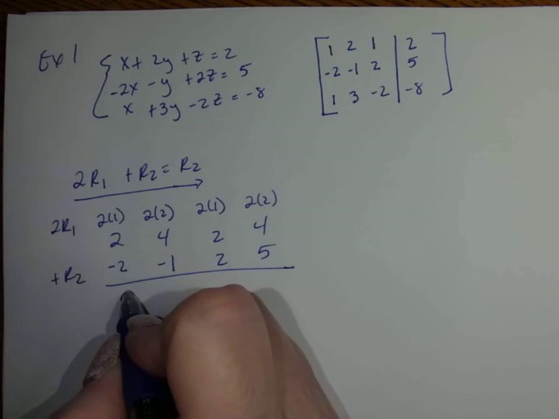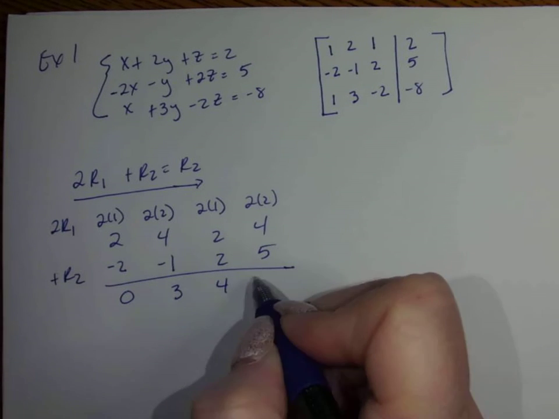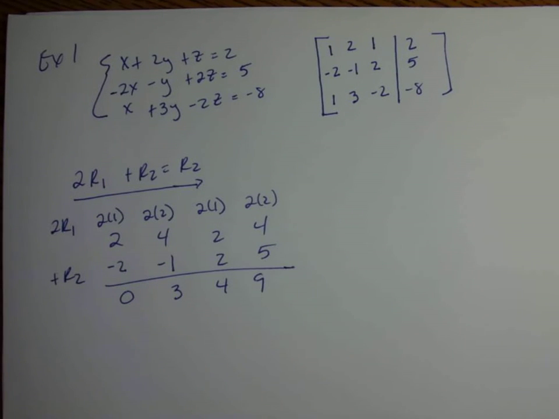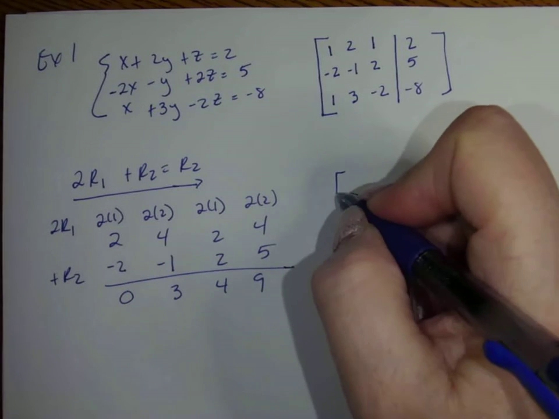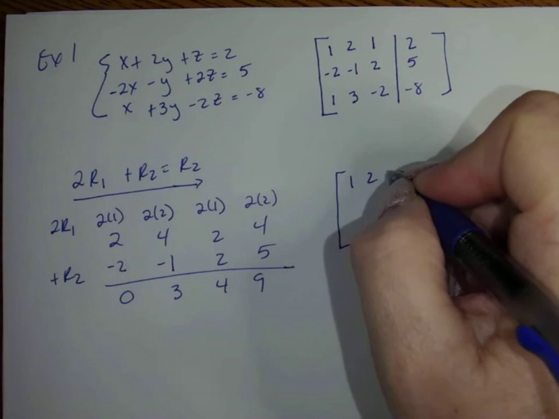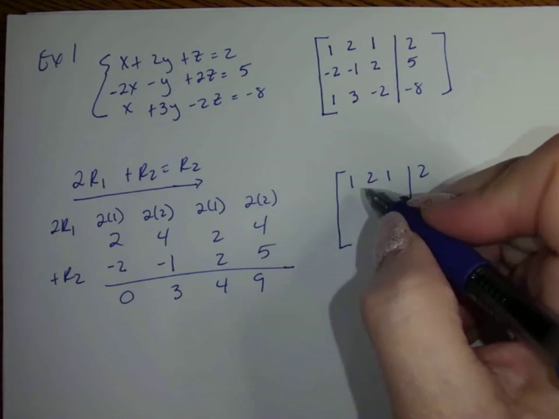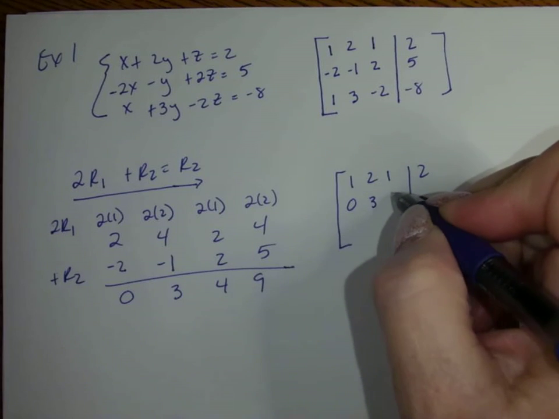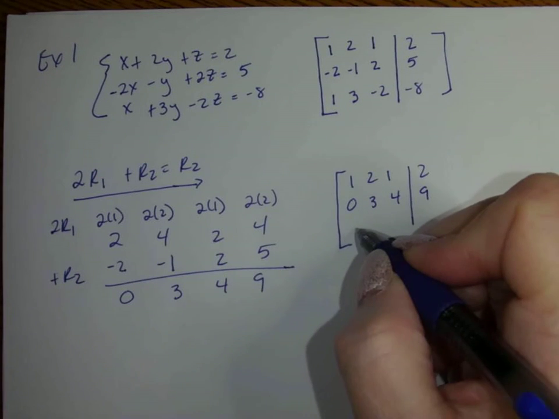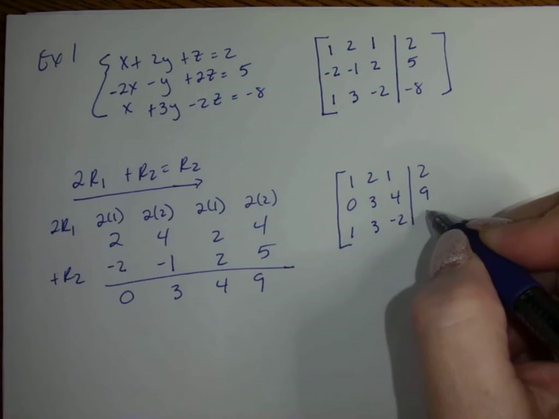We add those, we get 0, 3, 4, and 9. So this is our new matrix. Row 1 is still the same, even though we used it. Row 2 is now 0, 3, 4, and 9, and row 3 is the same.